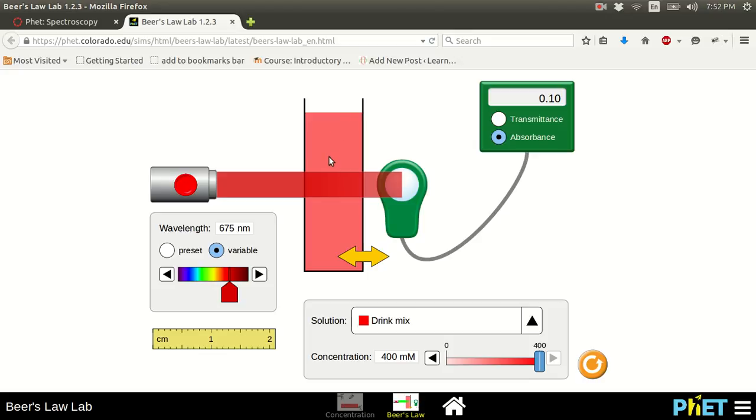This liquid could be blood plasma, it could be urine samples, and when you check off lab tests to be done for your patient's body fluids, some of those lab tests might be using a spectrometer like this one.